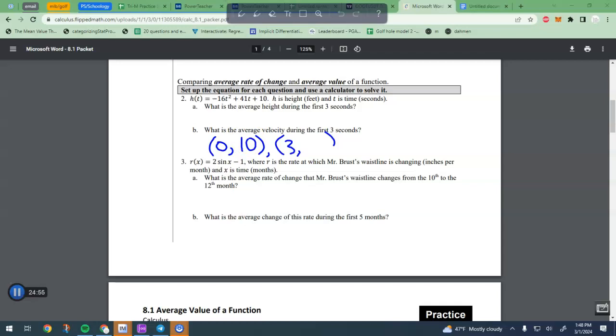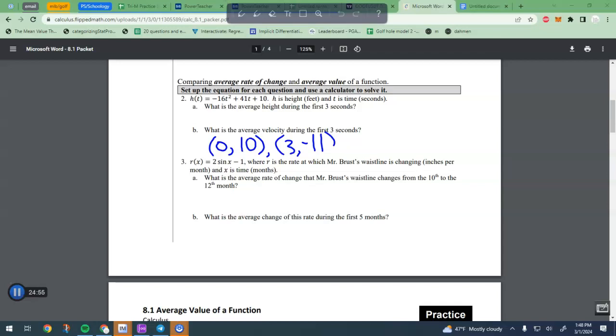-16 times 9. Is this -11? That one's not that bad in your head, but it's not simple either.